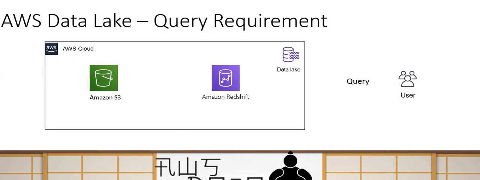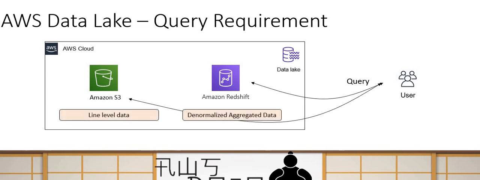So these are three thinking patterns I have seen when people try to split their data between Redshift and S3. Now, there are scenarios where I have a data lake and I have split my data in Redshift and S3, and there are a set of users who are trying to make a query. In their query, they bring part of the data from Redshift, but they bring other part of the data, or drill-down data, from S3. The one use case I talked about is that you have your denormalized aggregated data in Redshift while the line level data on which this data has been aggregated is in S3.